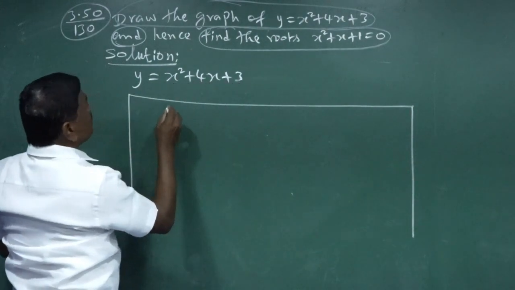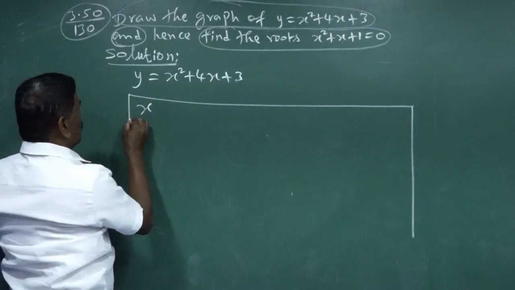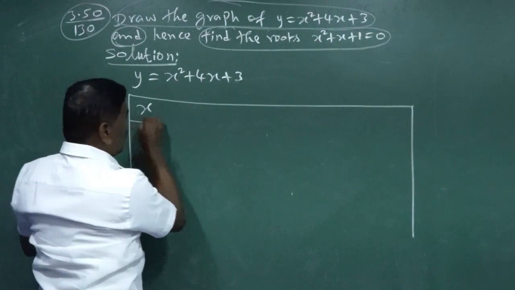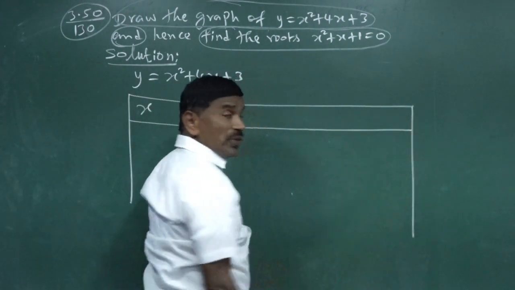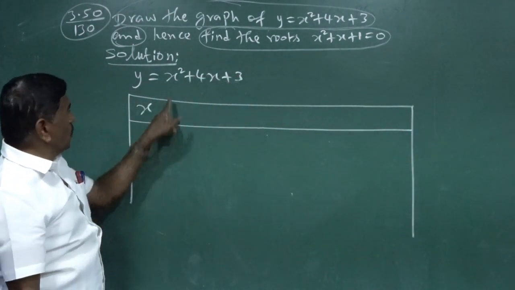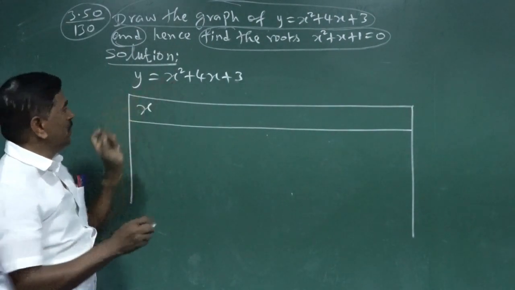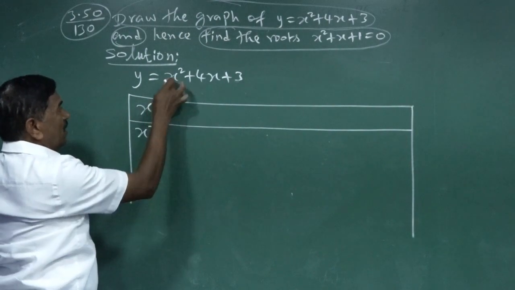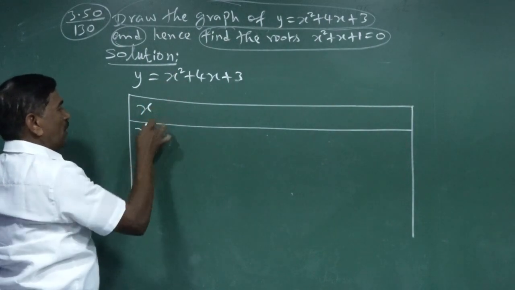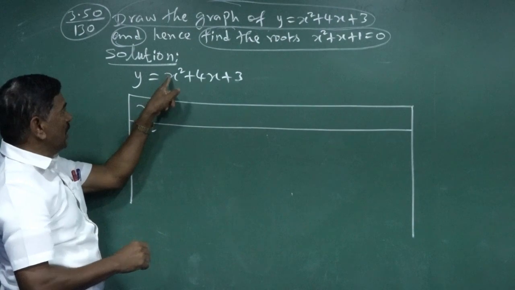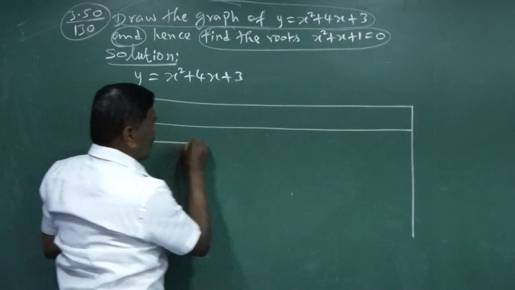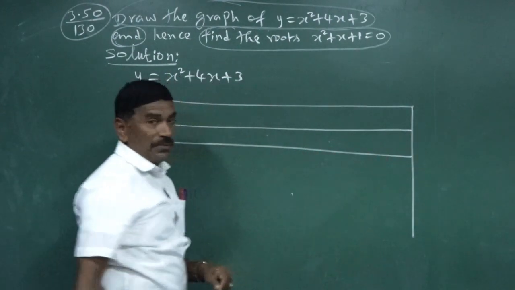First row, x values. Second row, first always x fixed. Next I need x square. Here only 1 x square, rather simple.